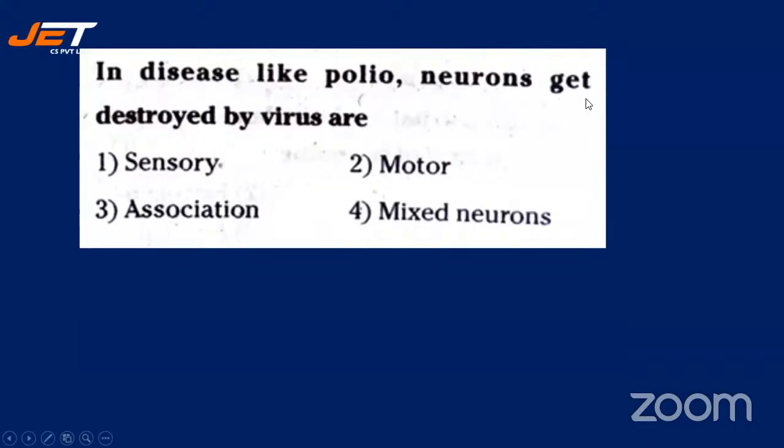In disease like polio, neurons get destroyed by virus R. Yes, let us see.